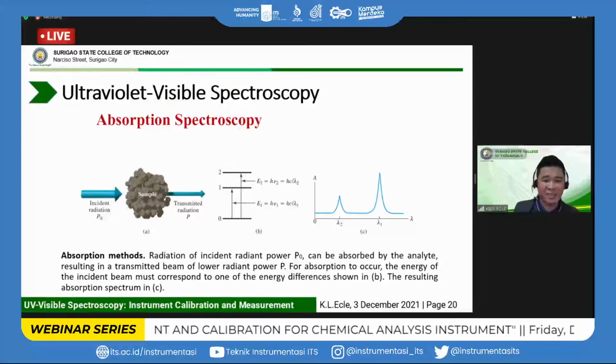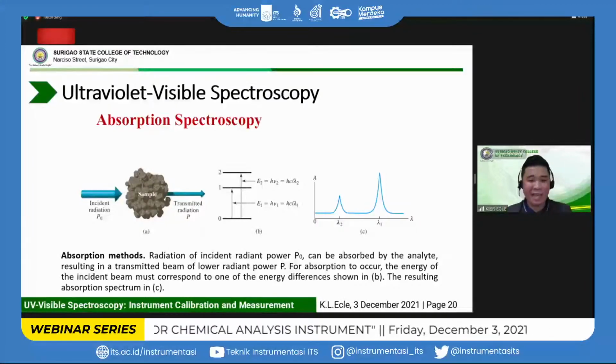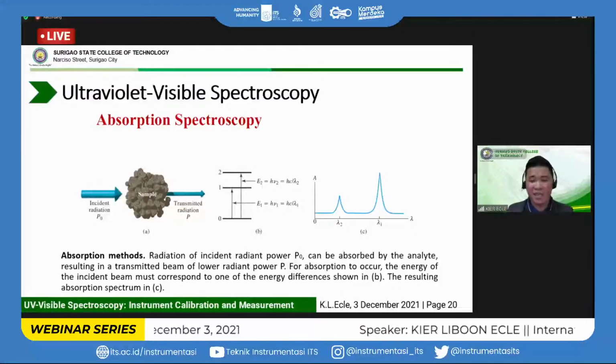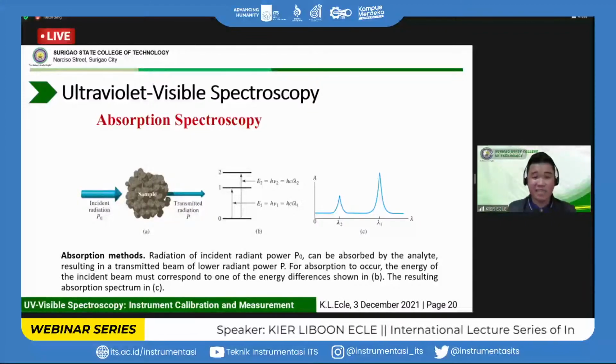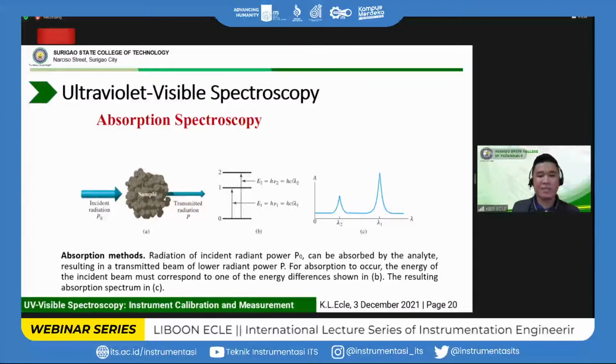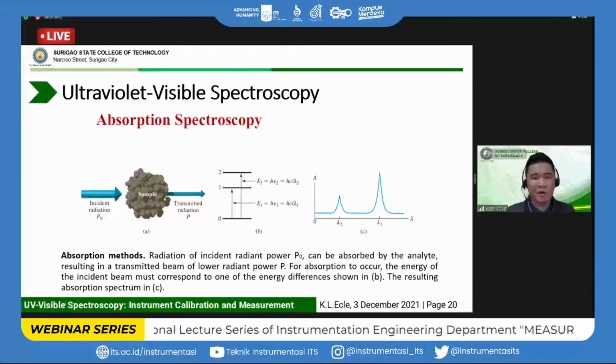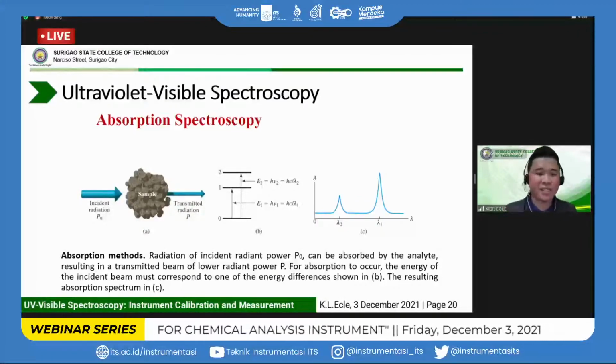As it enters the sample, the light that is transmitted is called the transmitted radiation. Later I will also explain to you the application of the Beer-Lambert Law in UV-Vis spectroscopy.